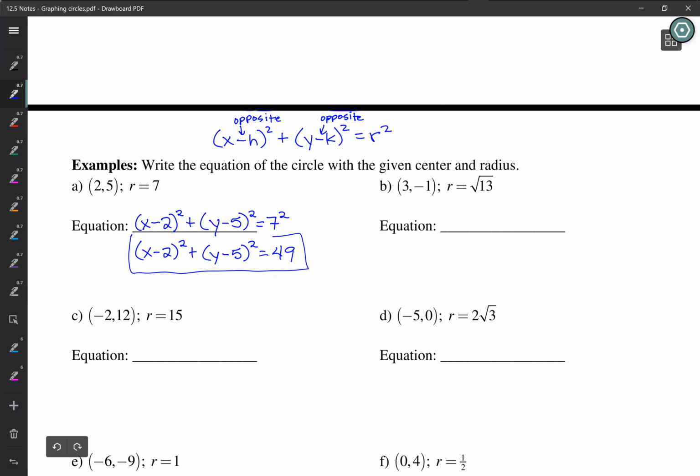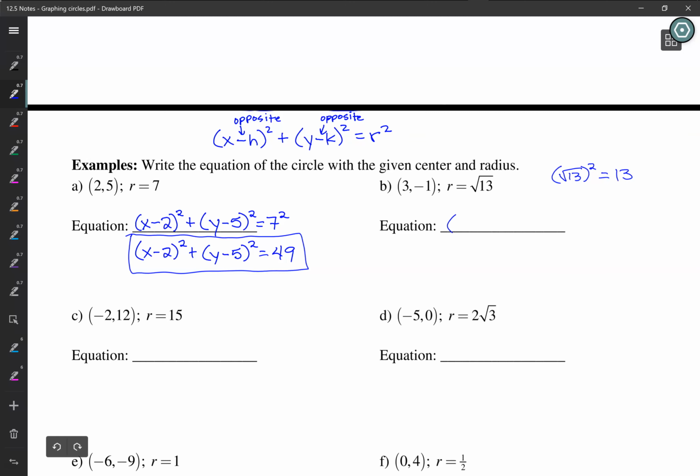Okay, if you already have a square root here, just remember that when you square a square root, they cancel out. So the square root of 13 squared is 13.